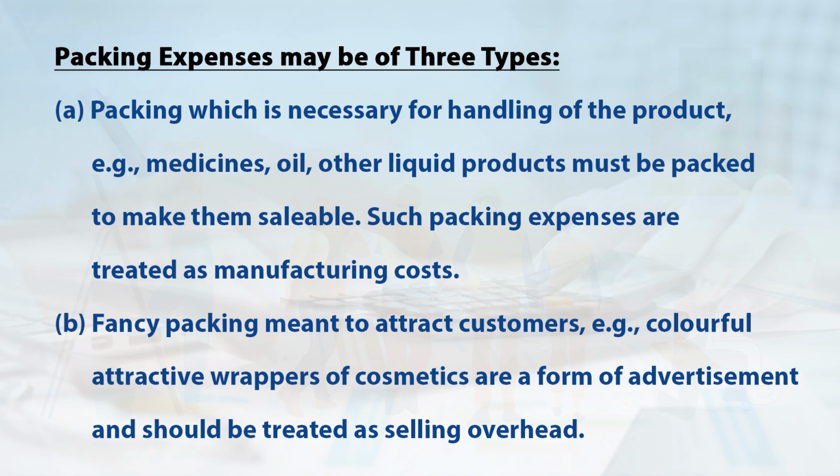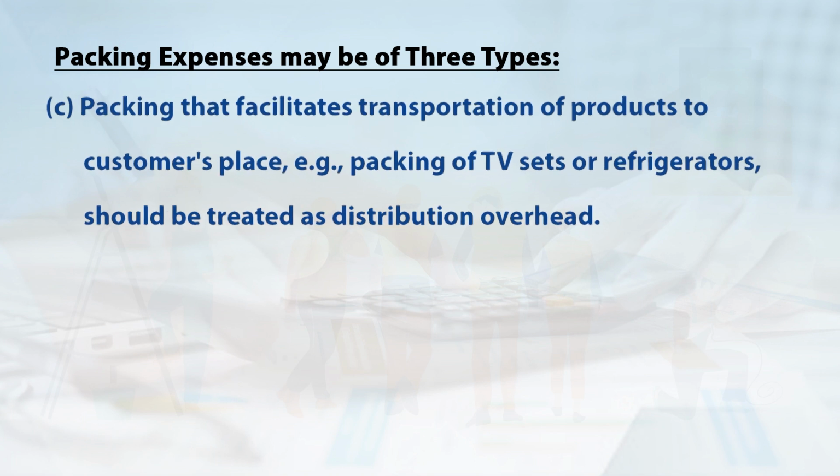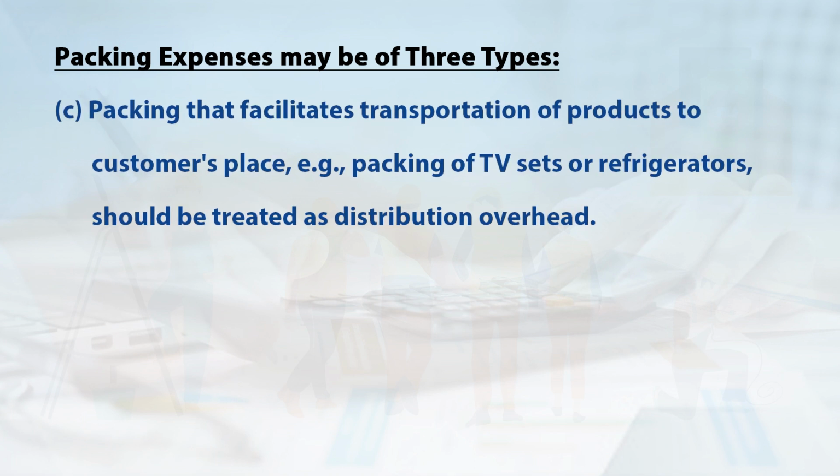For example, colorful attractive wrappers of cosmetics are a form of advertisement and should be treated as selling overhead. Third, packing that facilitates transportation of products to the customer's place. For example, packing of television sets or refrigerators should be treated as distribution overhead.